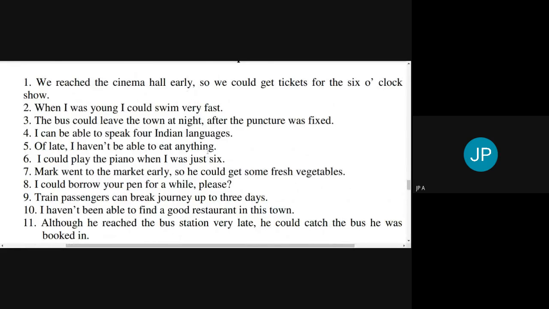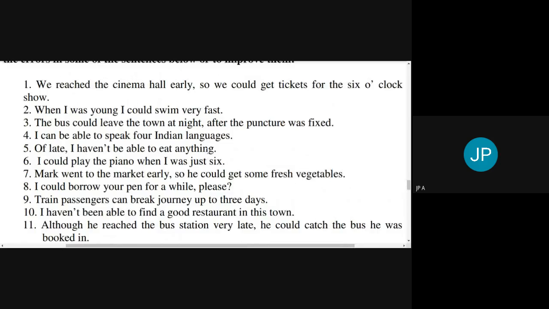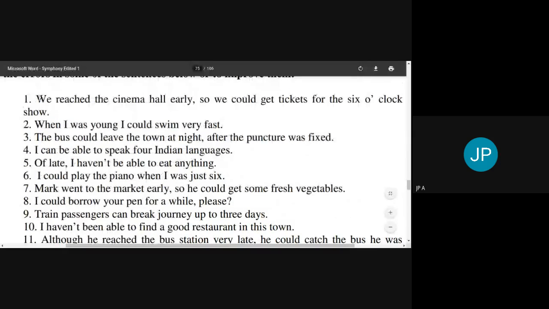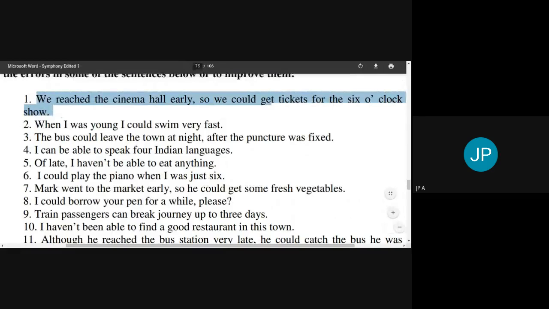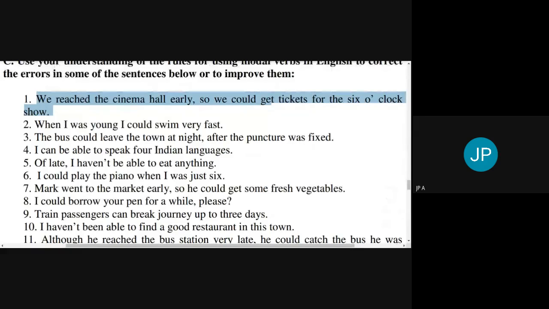So the first one is this. We reached the cinema hall early, so we could get tickets for the 6 o'clock show. So this is related to the error that Kannan makes in the conversation.